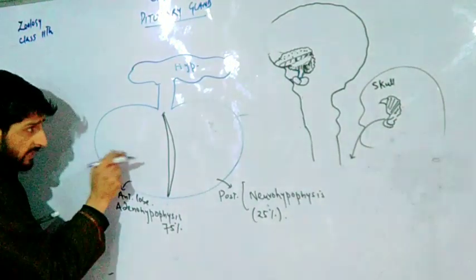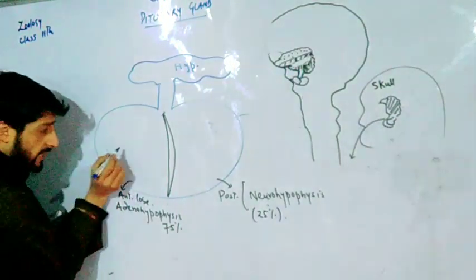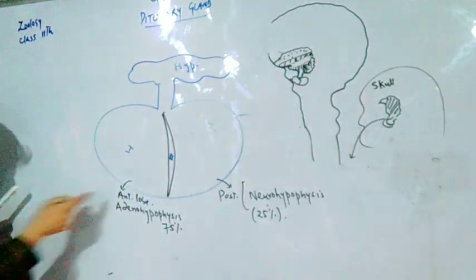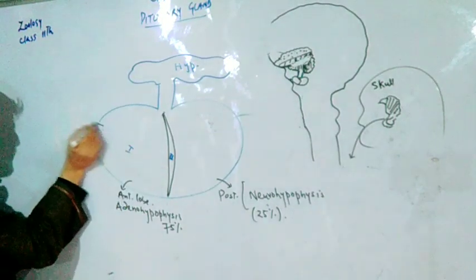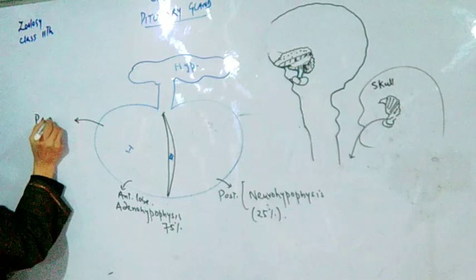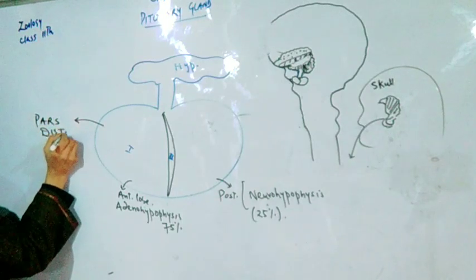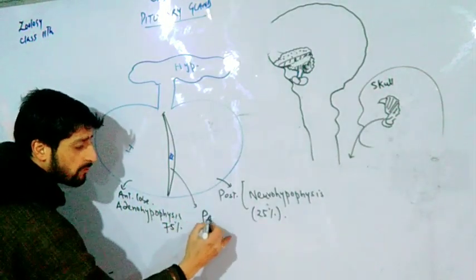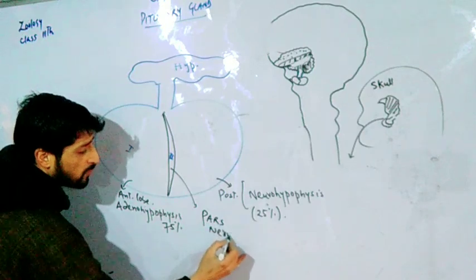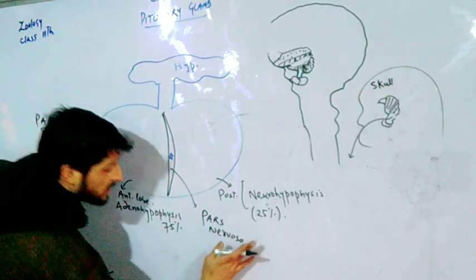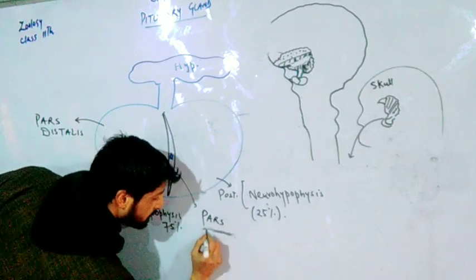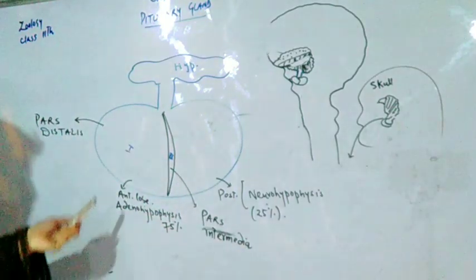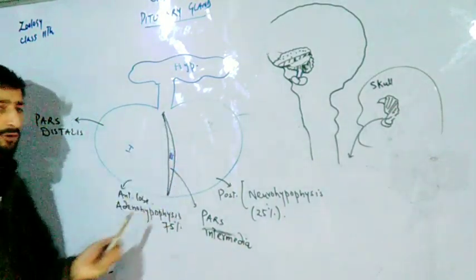And this anterior lobe of pituitary gland contains two parts. This is the first part, this is the second part. The first part is called pars distalis. The second part is known as pars intermedia, or in some traditional books it is written intermediate lobe of pituitary gland.